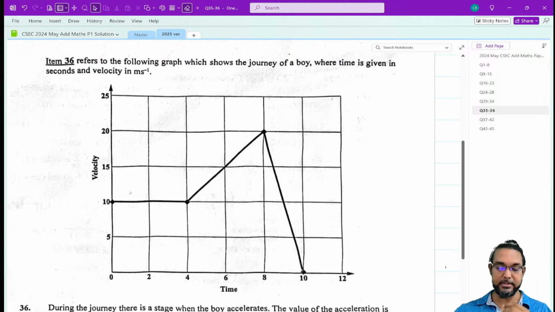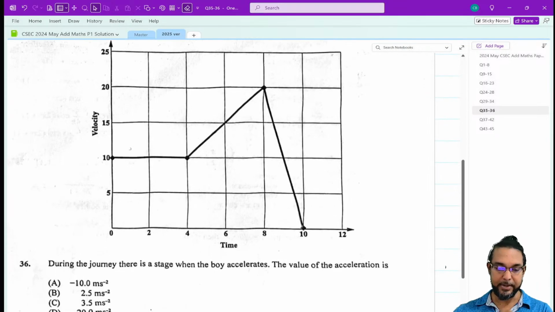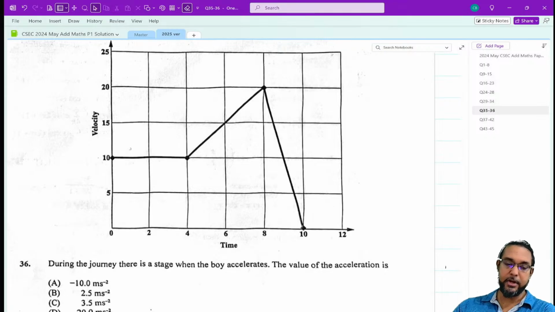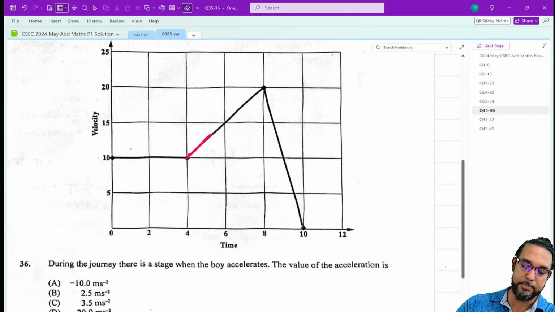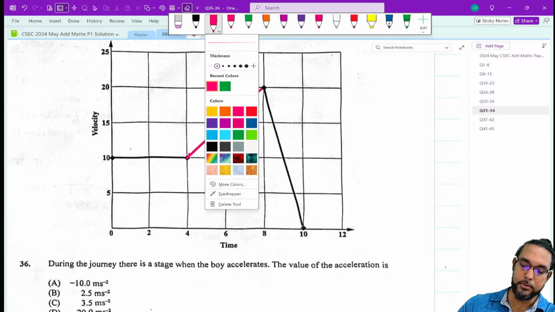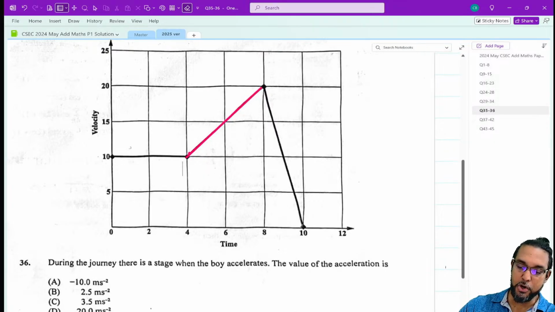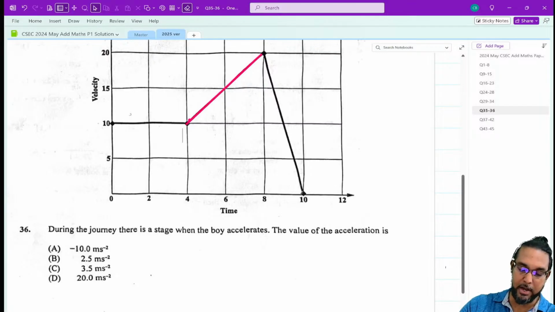Item 36 refers to the following graph, which shows the journey of a boy, where time is given in seconds and velocity in meters per second. During the journey, there is a stage where the boy accelerates. The value of acceleration is, so that is this piece on the graph here. Acceleration is basically the gradient of the velocity time graph.